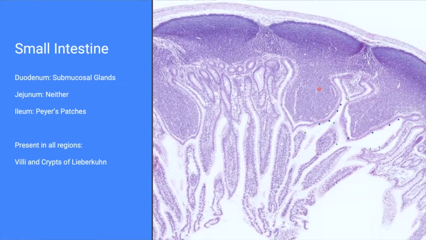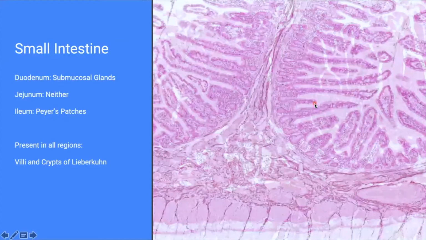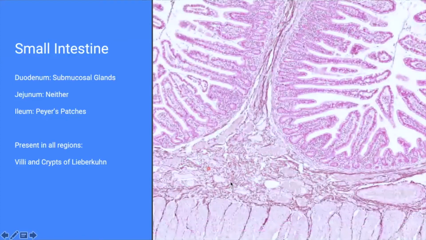So just to reiterate, just as a summary, let's go back. Duodenum has these submucosal glands, not found anywhere else within our small intestine. They also have villi and crypts. The jejunum lacks anything special in the submucosa, so it really is just occupied by connective tissue, vessels, and lymphatic vessels. But here we're also seeing villi and crypts.